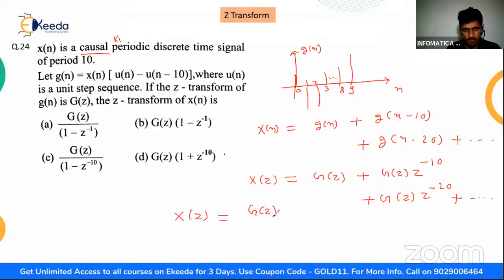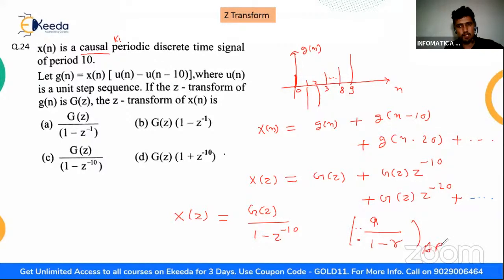We will simply get G(z) upon 1 minus z raised to the power 10, because the summation of an infinite AP is 1 upon 1 minus r, or you can say a upon 1 minus r if the first term is a. But here we will take G(z) out, so the first term will be 1. So what will be the answer? X(z) will be G(z) upon 1 minus z raised to the power 10. So C will be the correct answer.